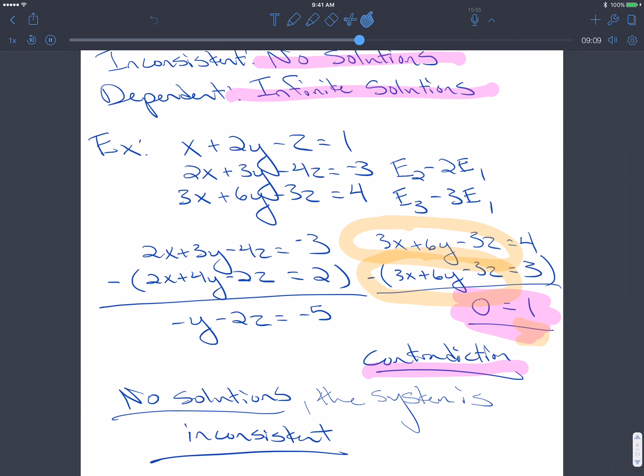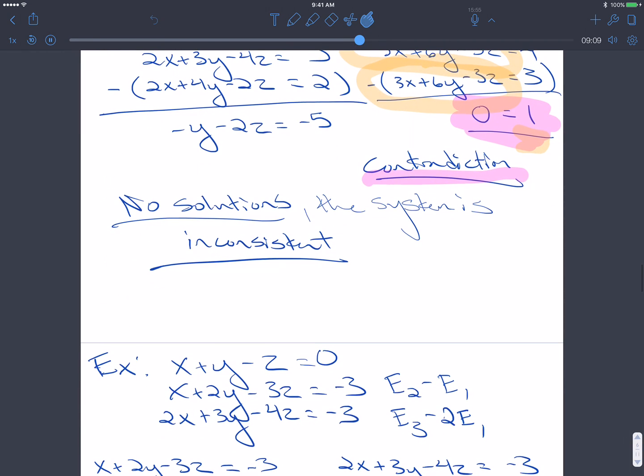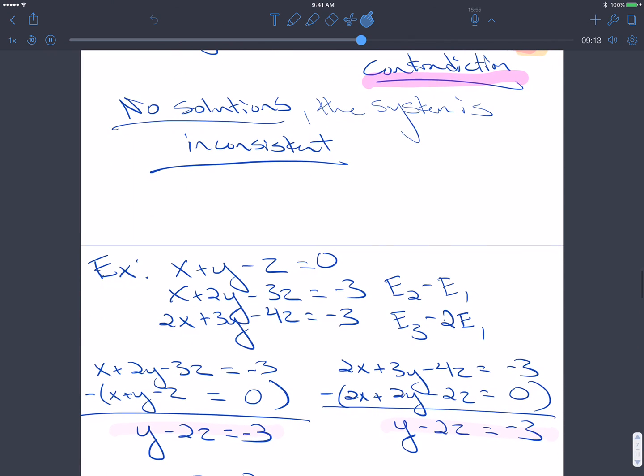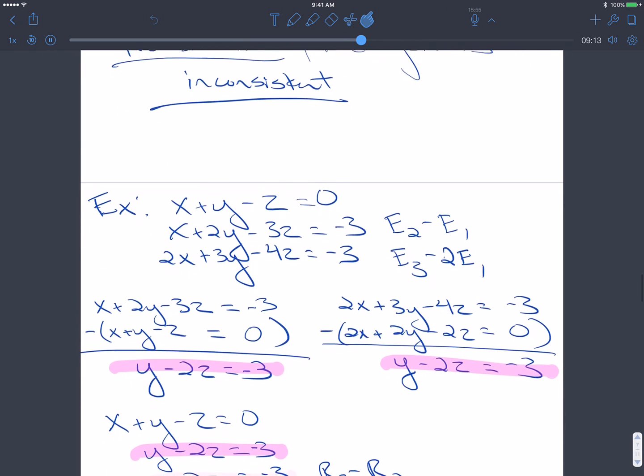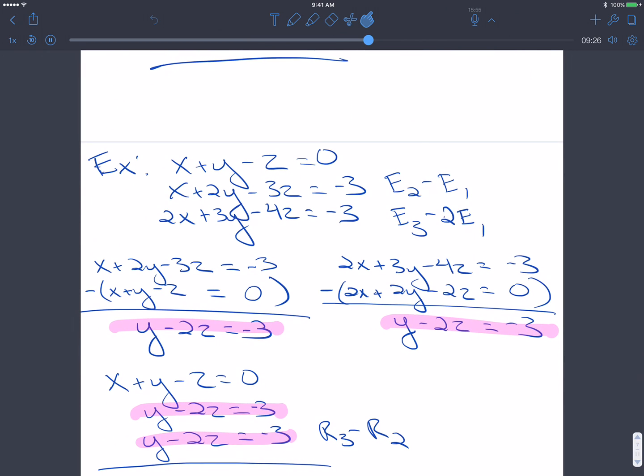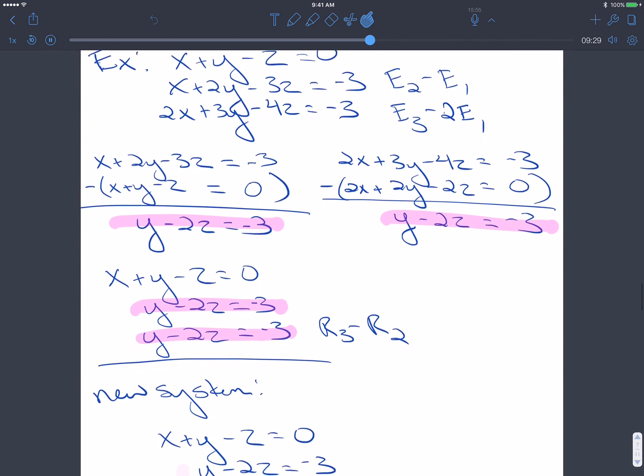Whereas dependent will reduce in the same way, but in this particular case, I did Gaussian elimination, and both the second and third row became exactly the same thing. So when I continue Gaussian elimination, the new system ends up with a 0 equals 0.